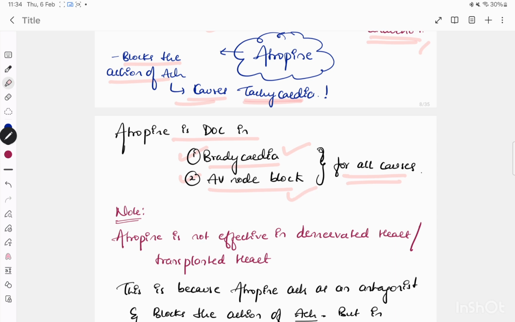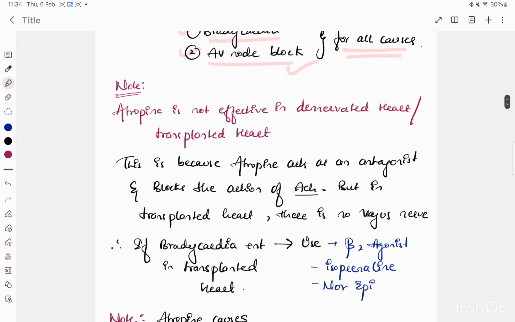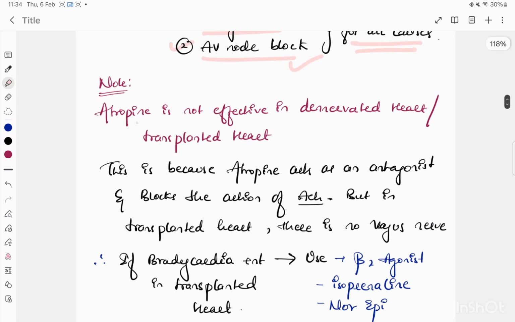Because it causes tachycardia. If there is bradycardia and I give this drug, it causes tachycardia and the heart rate will become normal and the patient will be saved. That is why we use atropine. But there is a note here, that atropine is not effective in a denervated heart or a transplanted heart.